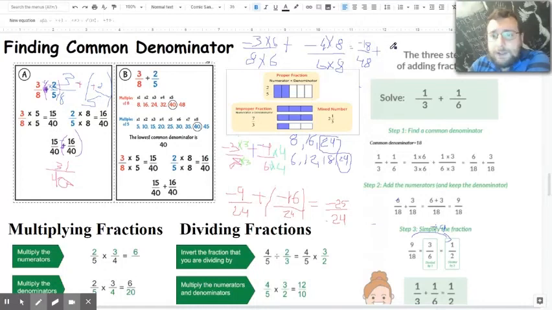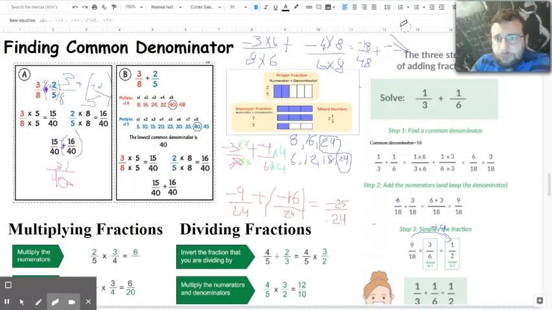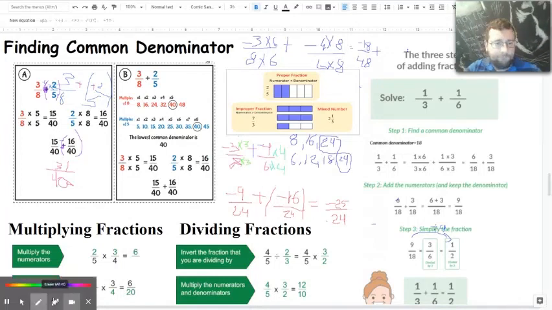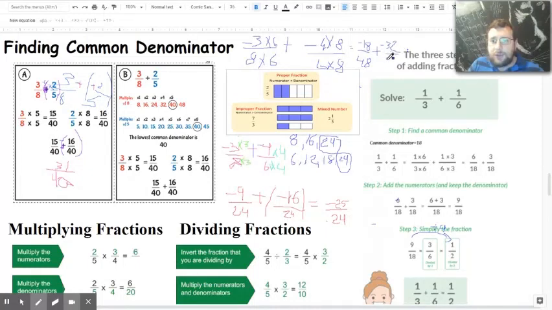Negative 4 times 8 equals negative 32. And on the bottom, you got 6 times 8, which is 48 again.